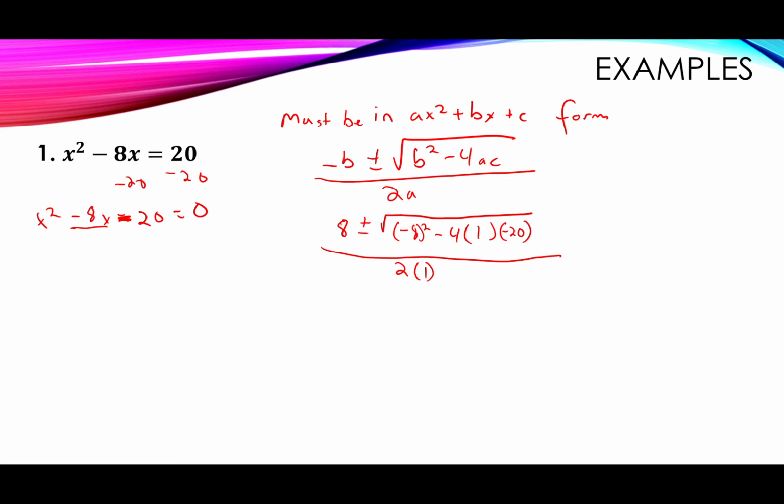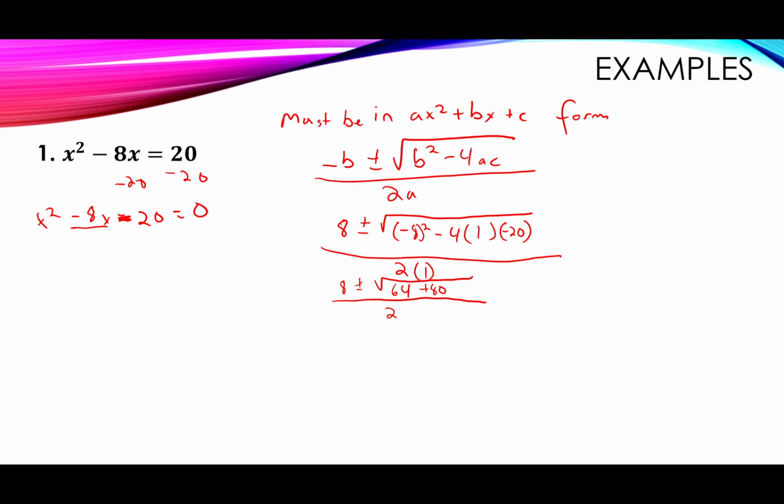And so now I'm going to start simplifying everything. So I get 8 plus minus square root of 64. And negative 4 times 1 is negative 4. Negative 4 times 20 is positive 80.